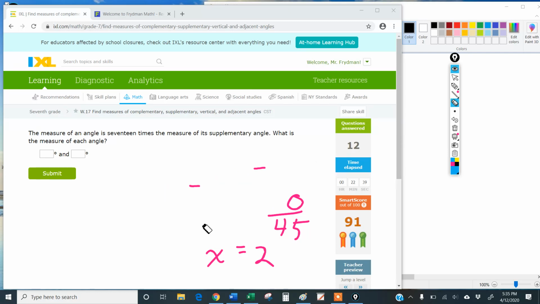The measure of an angle is 17 times the measure of its supplementary angle. What is the measure of each angle? Well, let's call one angle x, and the other angle is 17 times as big as that one. So let's call the other angle 17x.